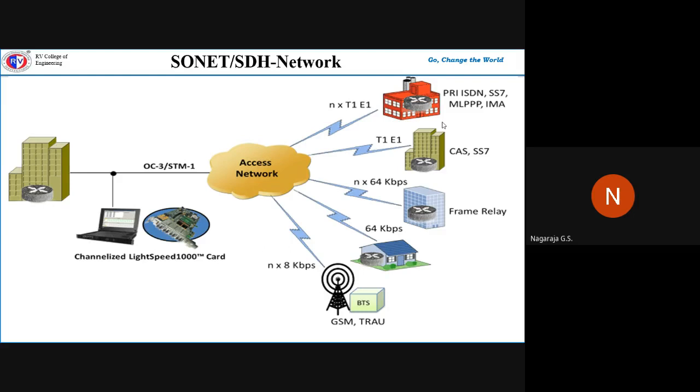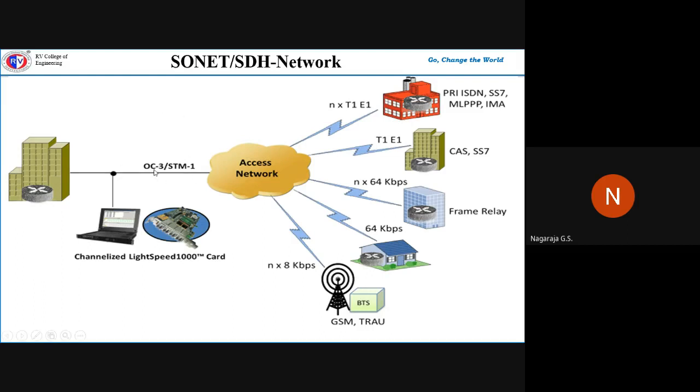So you can have numerous applications with the help of wired technology or wireless technology, and you can communicate with the other end with the help of your Sonet network. That's what you can observe.